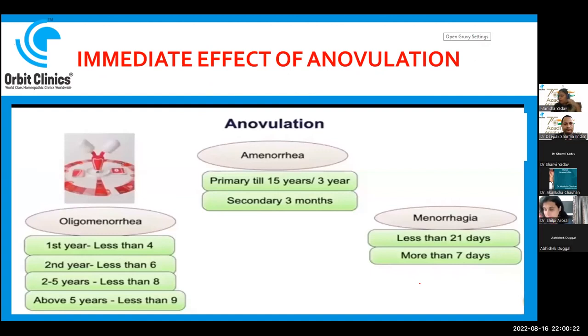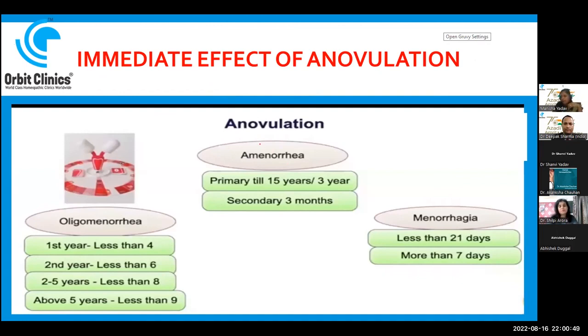Now, what will be the effect of this anovulation? So androgen excess will lead to anovulation. How does this anovulation affect the menstrual cycle of the female? It may present in various forms, as you have learned in the last lecture. There is irregular menses, either in the form of the flow, or in the form of the cycles or days.